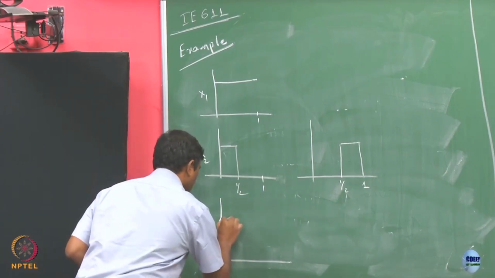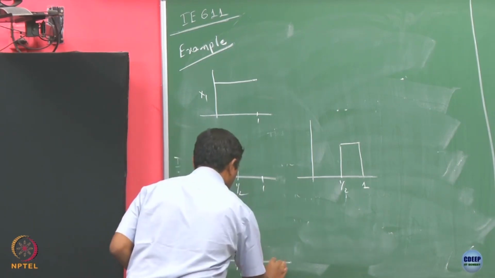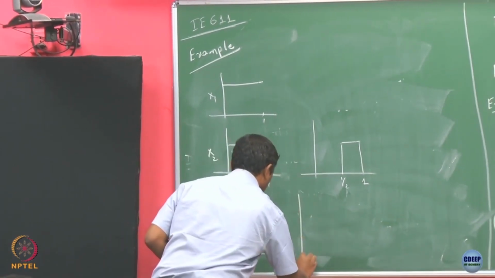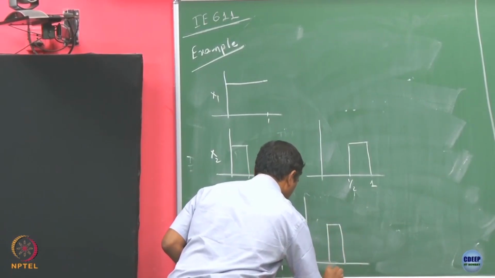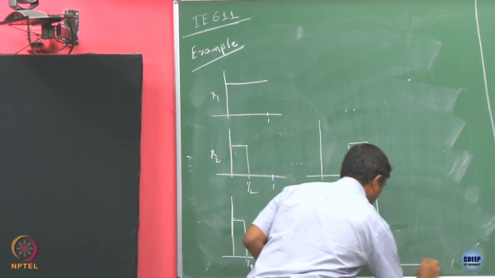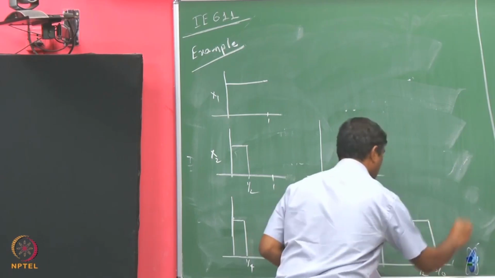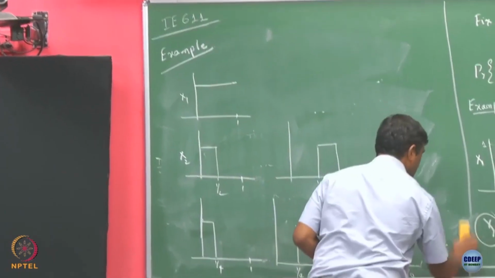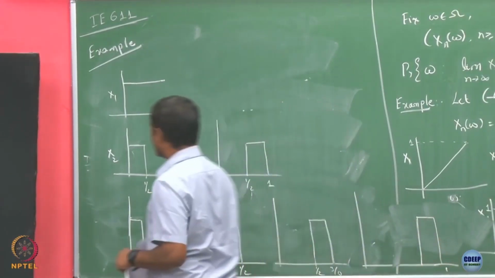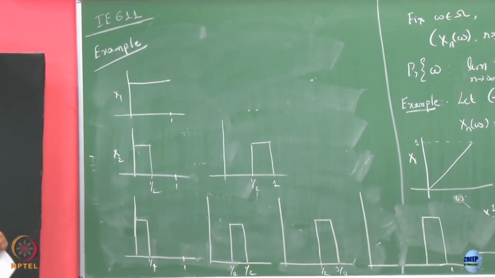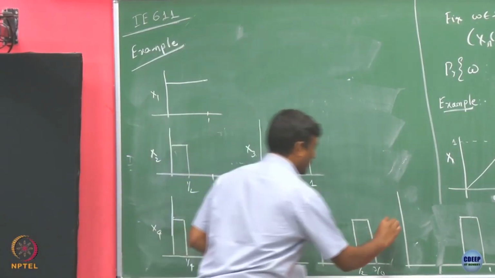So let us call this random variable 1, let us call this 2, this 3, this 4, 5, 6 and 7.